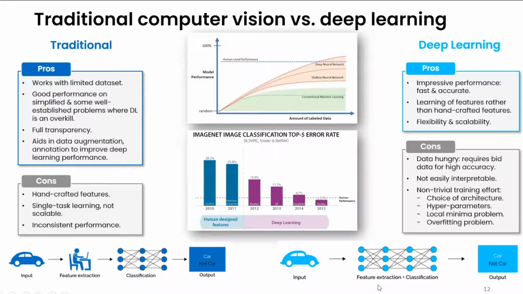It does feature extraction and classification in an automatic and optimized way. So it has very impressive performance, meaning it's very fast and accurate in image recognition and other tasks, and it's very flexible and easily scaled up to other problems compared to hand feature extraction.